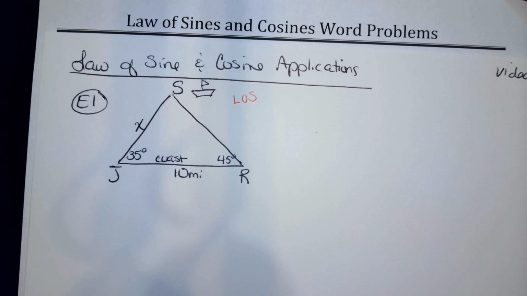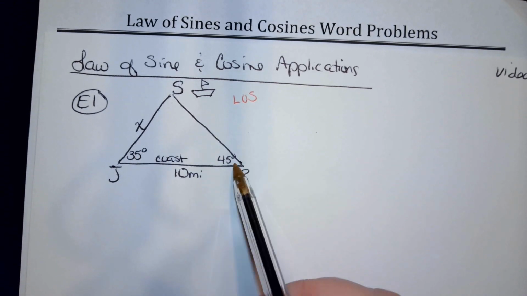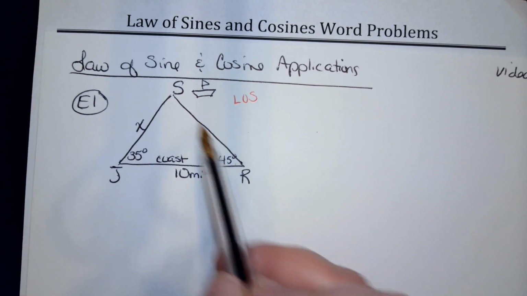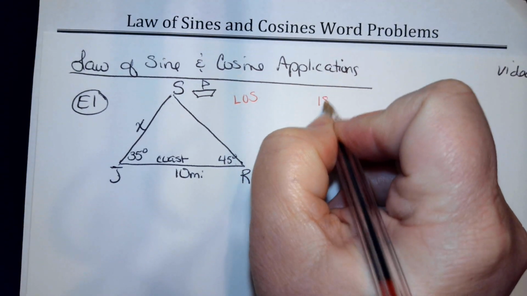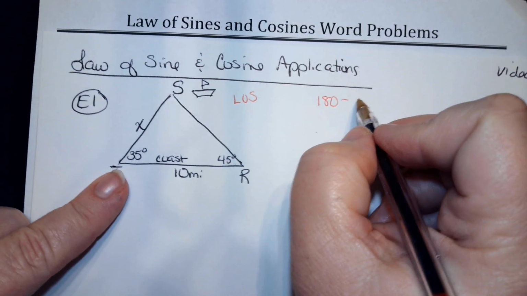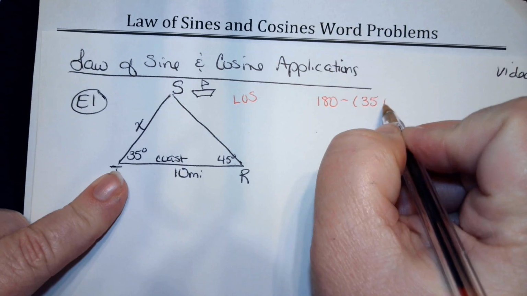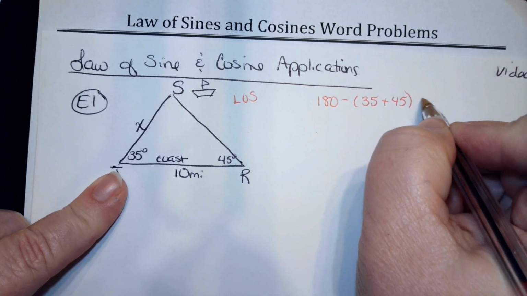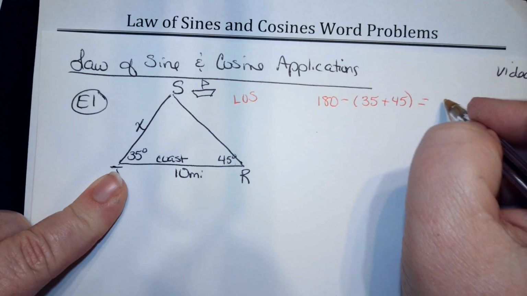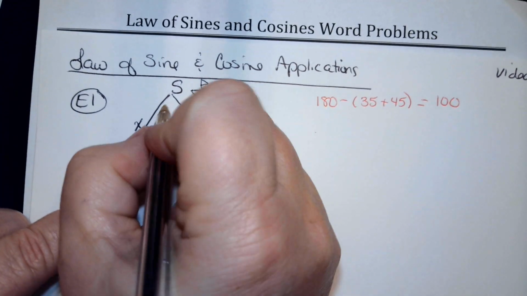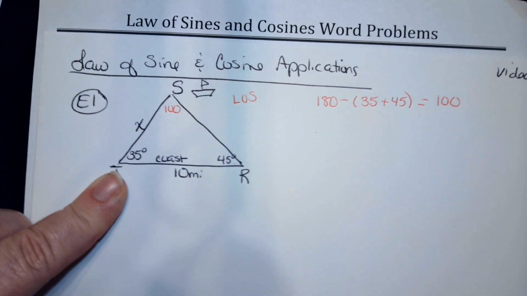What do all three angles add up to be in a triangle? Well, all three angles in a triangle add up to equal 180. So we're going to say 180 minus the two angles that were already given, 35 plus 45. That's 80. So 180 minus 80 is going to give us 100. So this angle right here is 100.